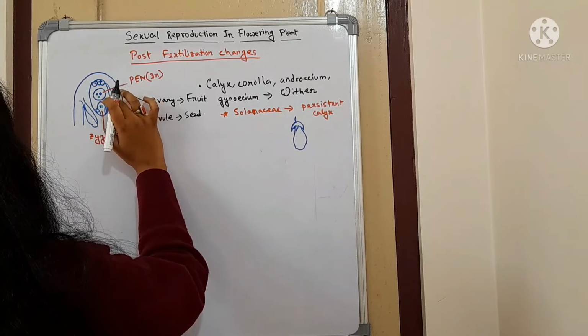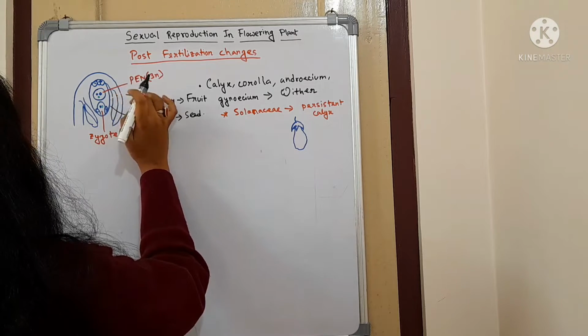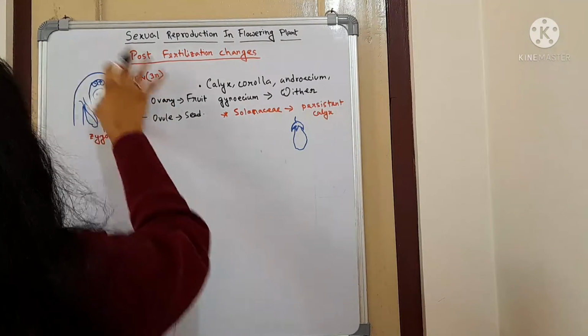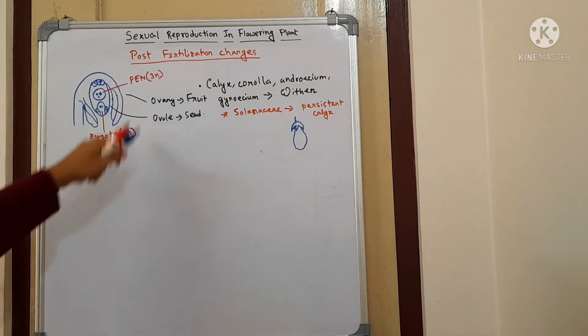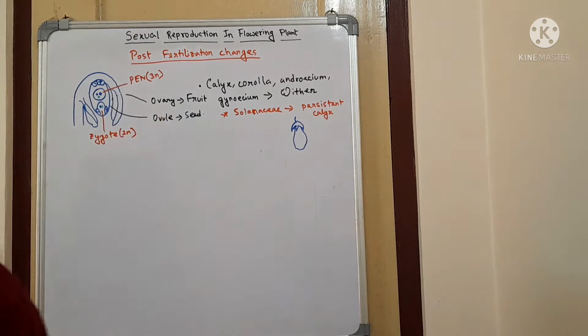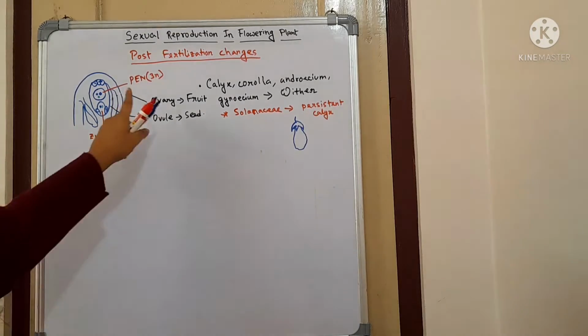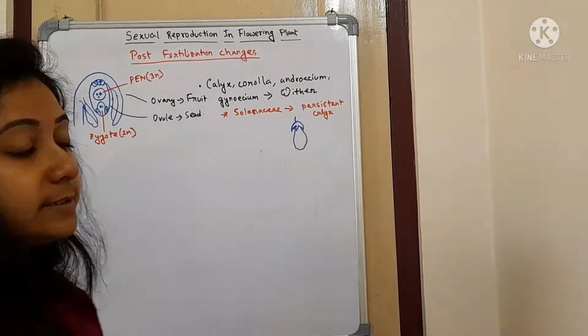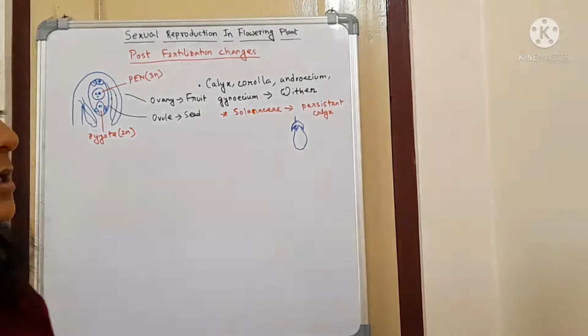Sorry, this is not the ovary; I have also drawn the wrong picture. The structure which contains the ovule is considered the ovary. So the ovary will be converted into fruit and the ovule will be converted into seed.